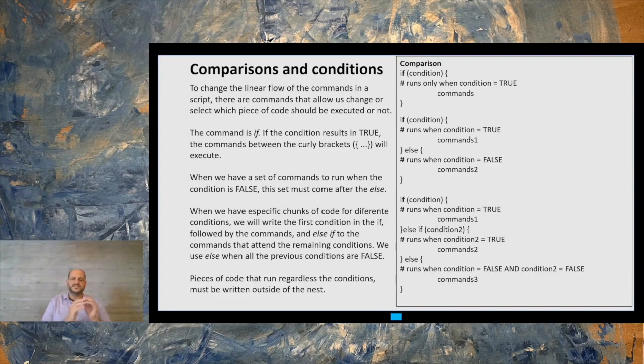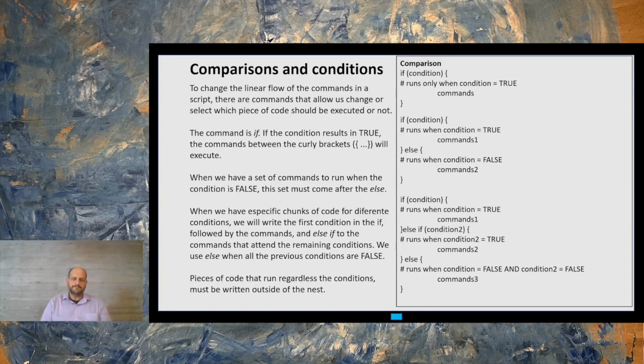The if is always connected to a condition or a set of conditions. The important thing to have in mind is that the condition must by itself result in true or false, right? Once you want to test a condition, make sure that you write it in a way that you will have either true or false.